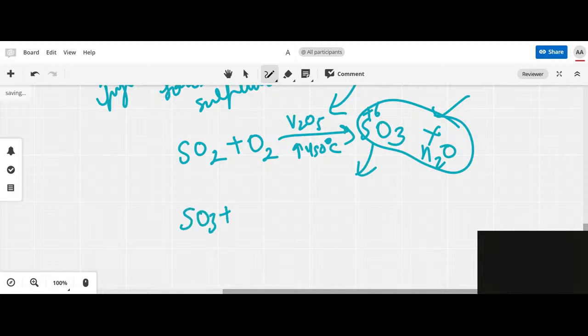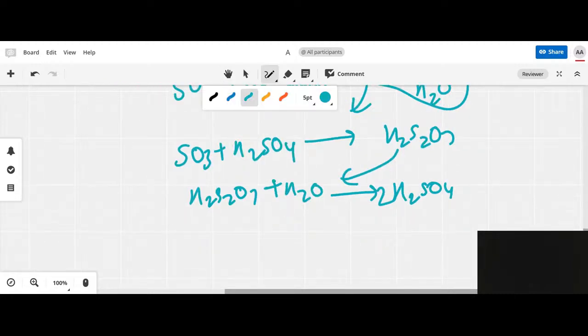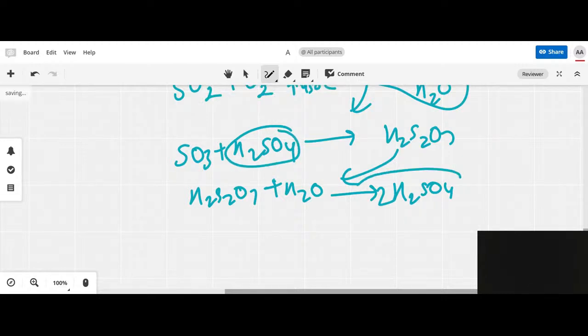SO3 plus H2SO4 will give us H2S2O7. Now when you add water to H2S2O7, you will get H2SO4. So you used one H2SO4 here, and you're getting two H2SO4.